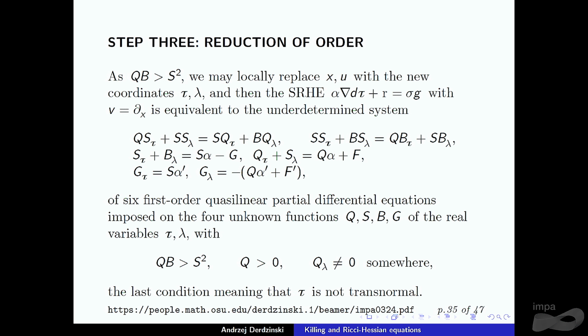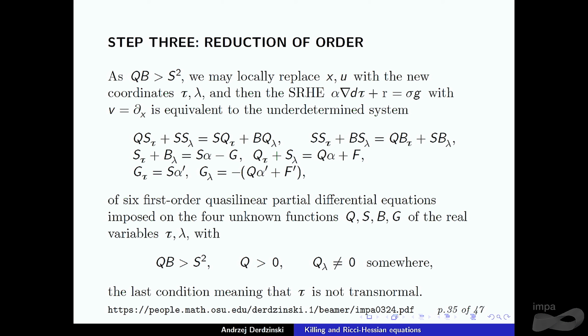We want it positive. That's the norm squared of the gradient. And we want Q sub lambda different from 0 somewhere. We don't want Q to be a function of tau alone because that means transnormality. We're excluding transnormality, but we're allowing the case of a Kähler-Ricci soliton or a conformally Einstein case, simply because the discussion would be just less elegant if we excluded those cases artificially.